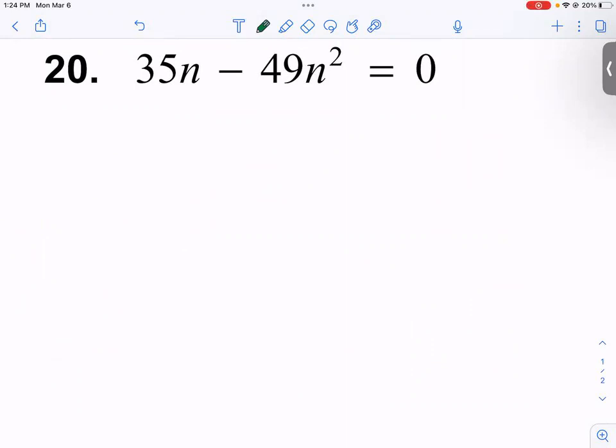What about number 20? Okay, the GCF for number 20. 7n to the first.